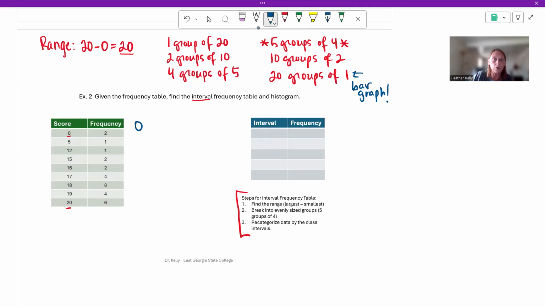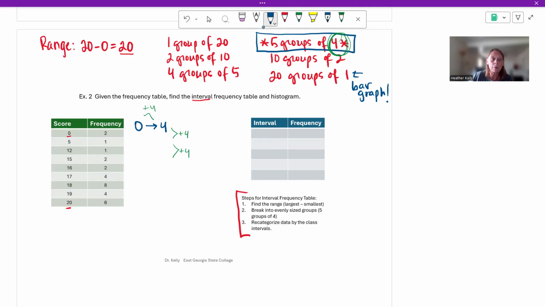We say 0, and we decided that we want 5 groups of 4. So we were going to add 4 to this. So 0 to 4. And then moving down from there, we're just going to add 4 each time here. We knew that it was groups of 4, so that's what's telling us what we're going to do.